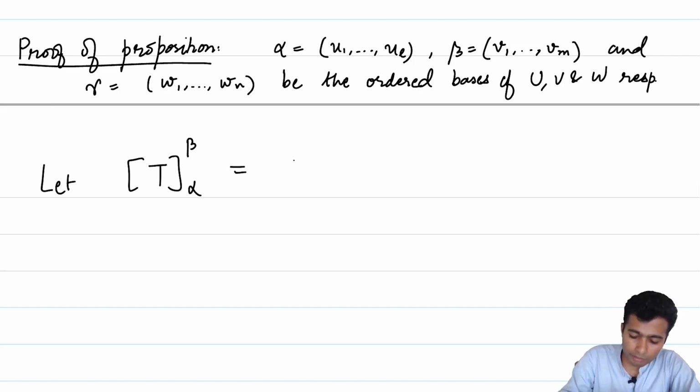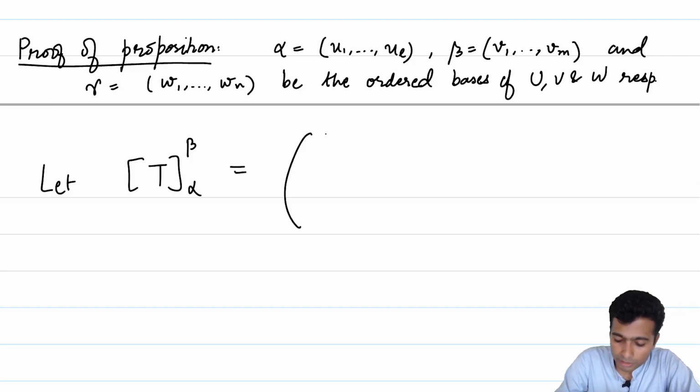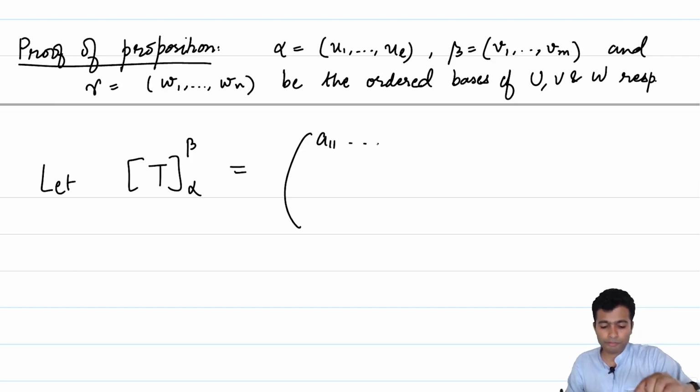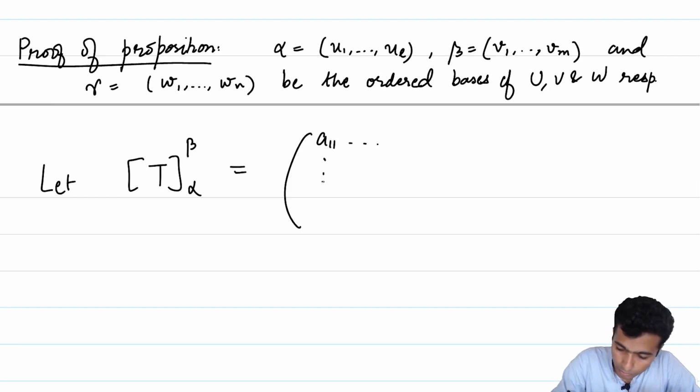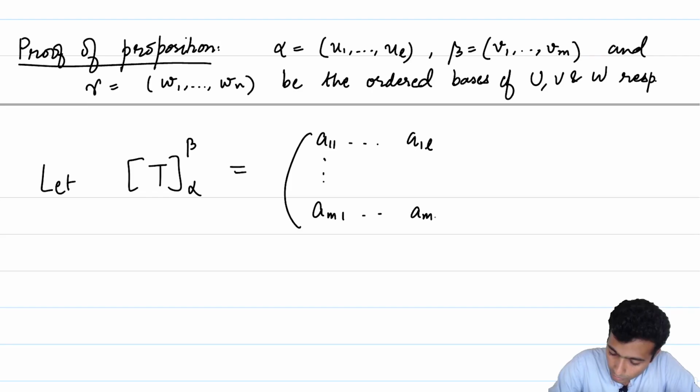Let this be given by, let's put it in the matrix notation, A11. So our U is of dimension L, and V is of dimension M. So this is going to be AM1 to AM. So this final one would be for the Lth vector, so this is going to be A1L to AML.